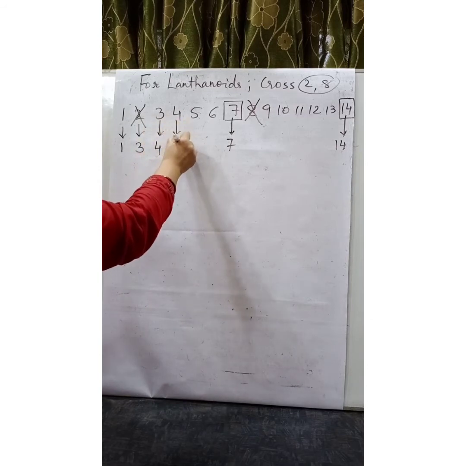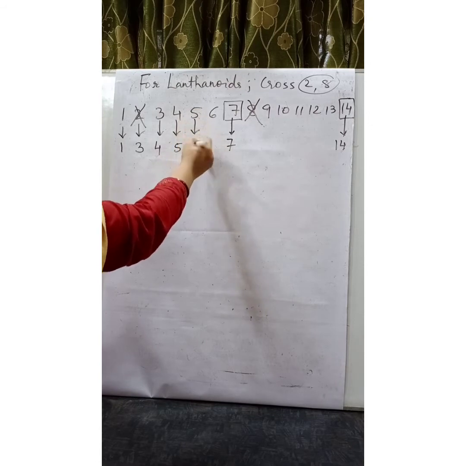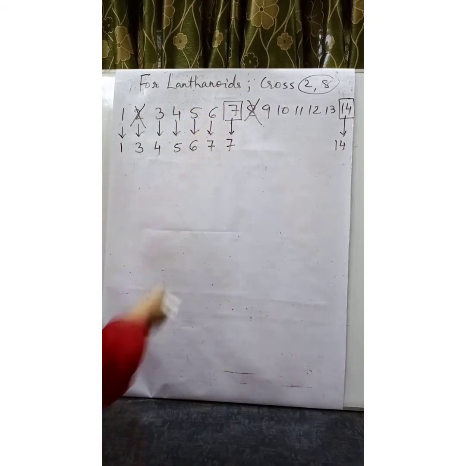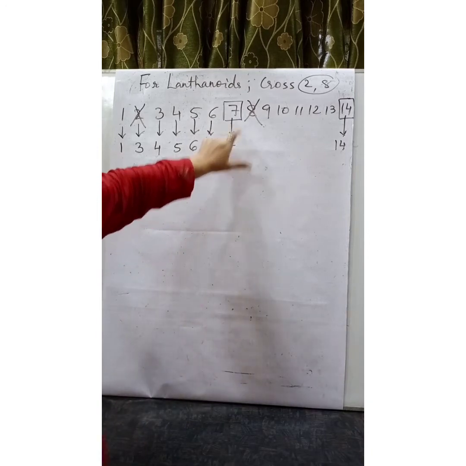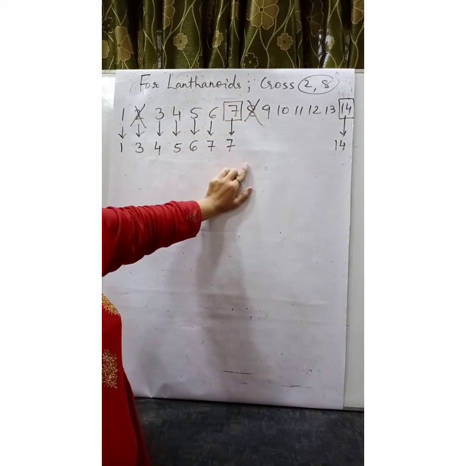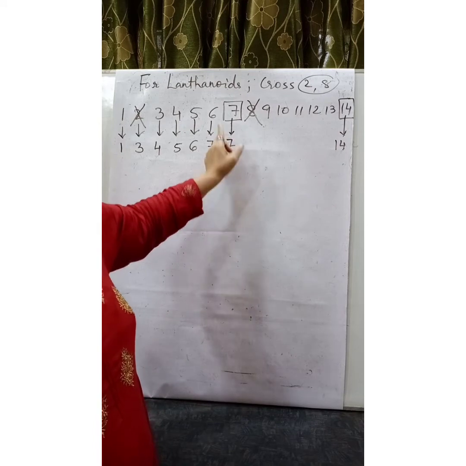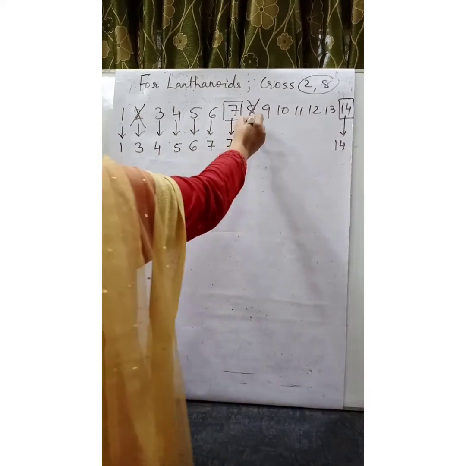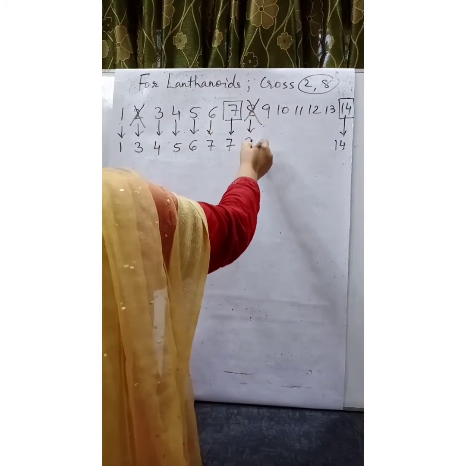After 4 comes 5, after 5 comes 6, after 6 comes 7. 7 stays 7 because it does not undergo any change. The next number is a crossed number, that is 8, so we jump one number and write 9.